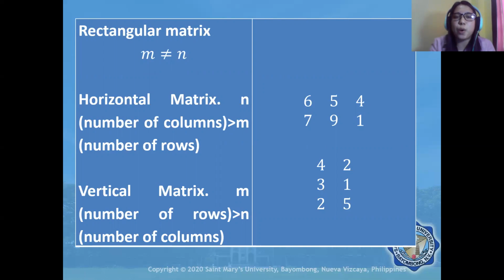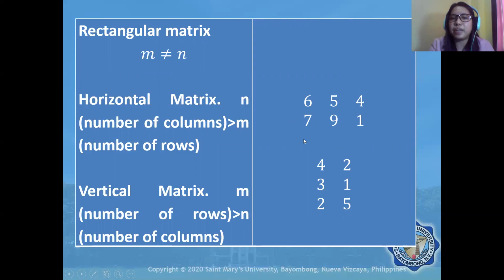We call them horizontal matrix and vertical matrix. So when will we know that it is a horizontal matrix? If the number of columns is higher than the number of rows, we call it a horizontal matrix. In our first example, the number of columns is 3 and the number of rows is only 2.